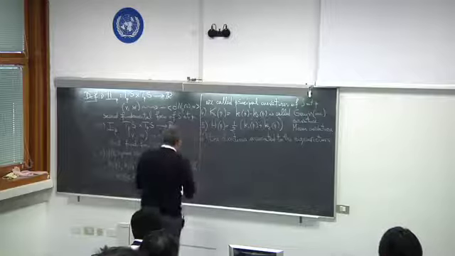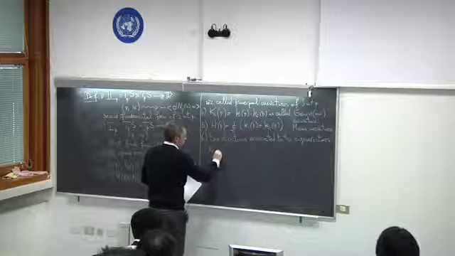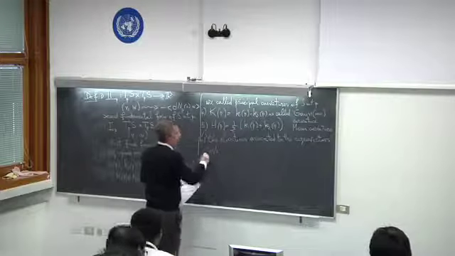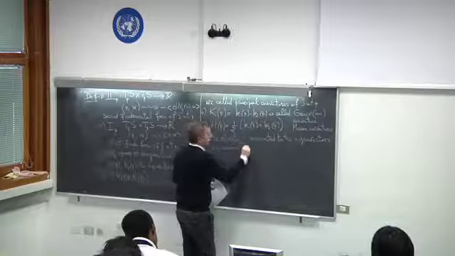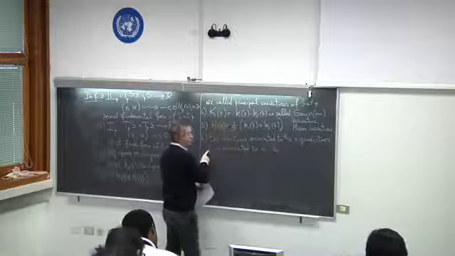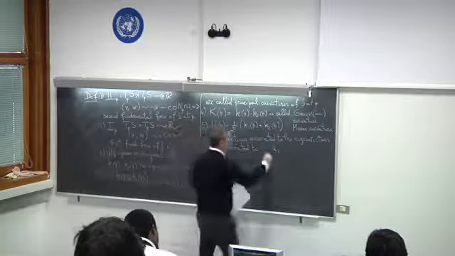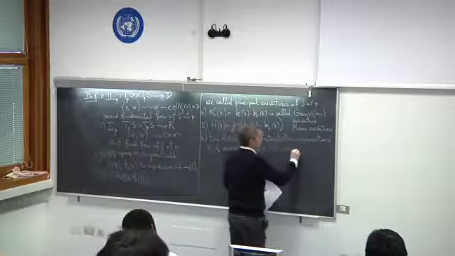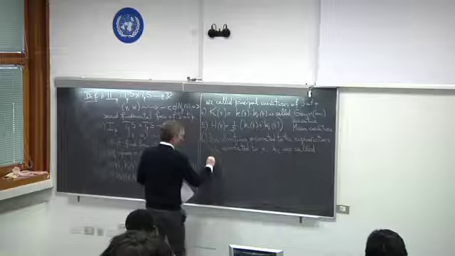So the directions associated to eigenvectors, but now I have to order them, again. V1, V2 associated to K1, K2. So K1 will be associated to V1, K2 will be associated to V2. These are called principal directions.